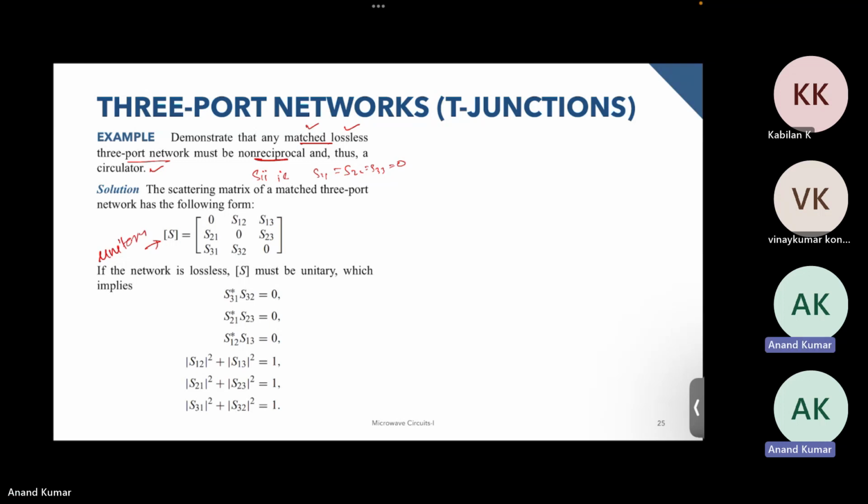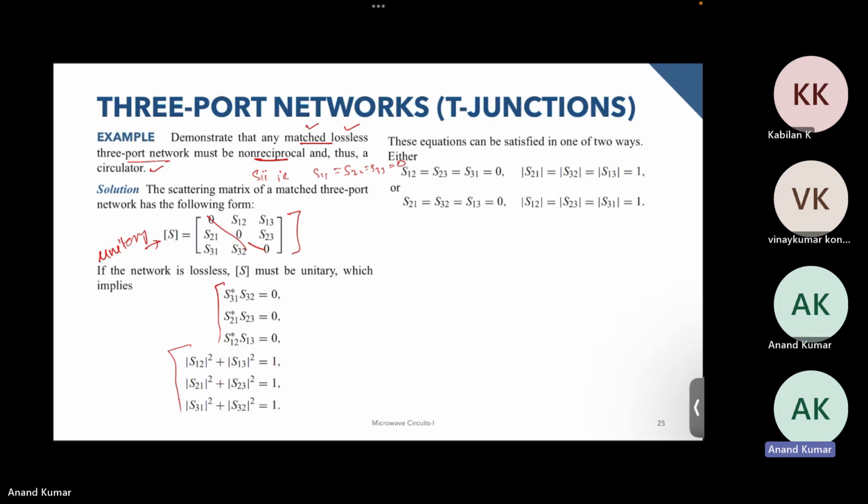This is unitary, so this will satisfy these six conditions because it has 9 elements. We have the diagonal terms as 0, and so we have the simplified equations for the unitary condition. And now this six conditions can be satisfied in either of these two ways.